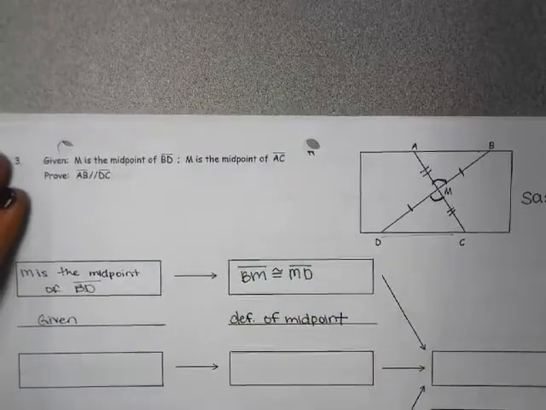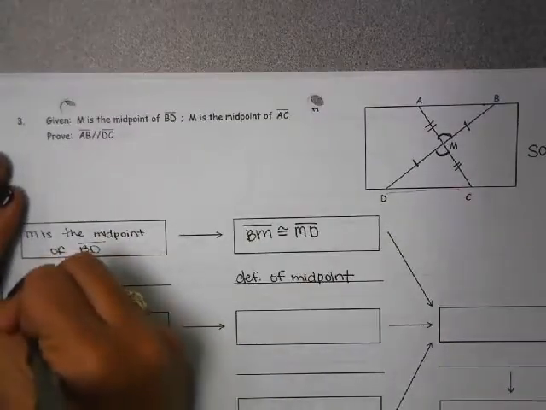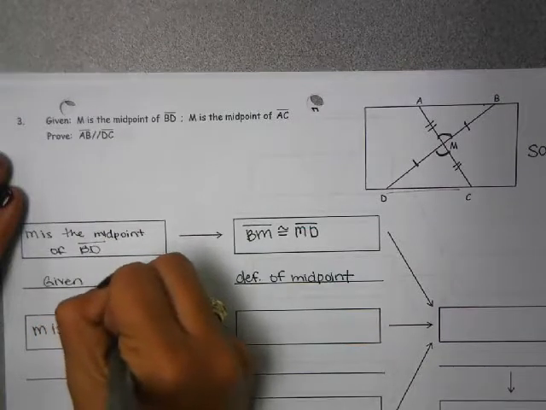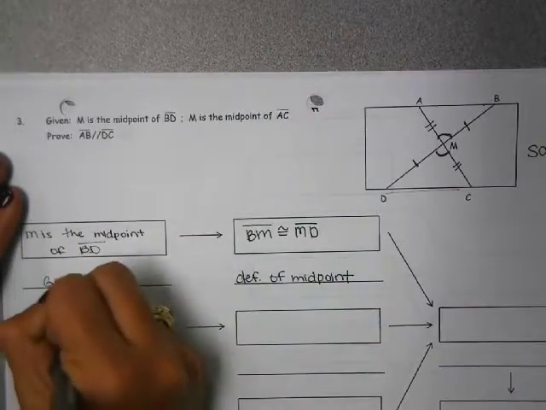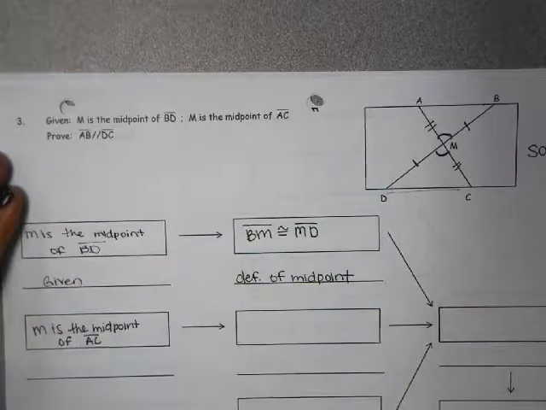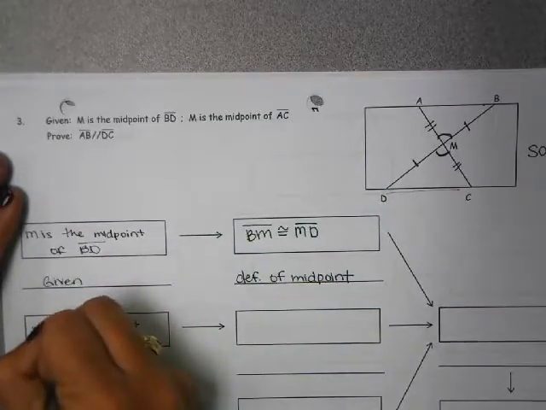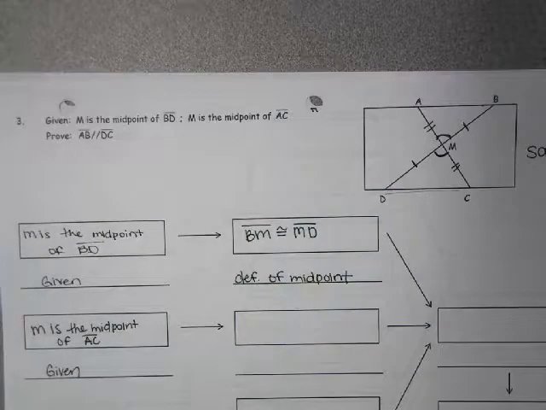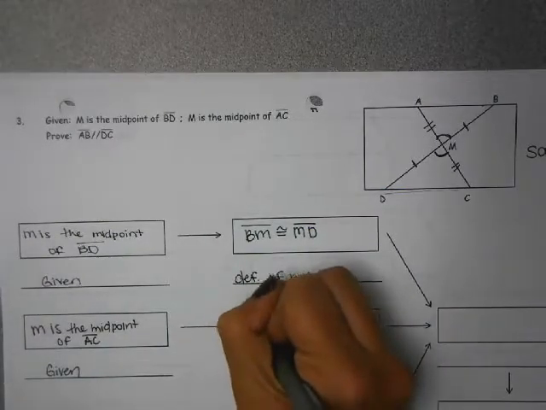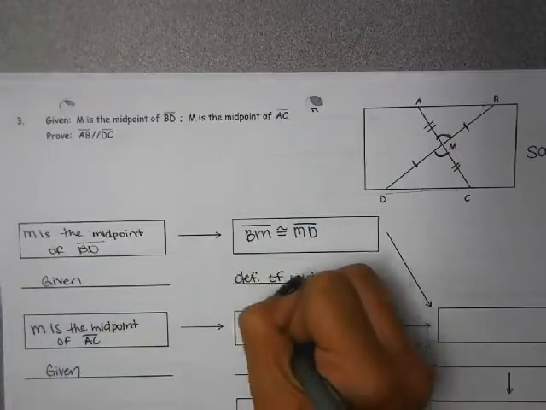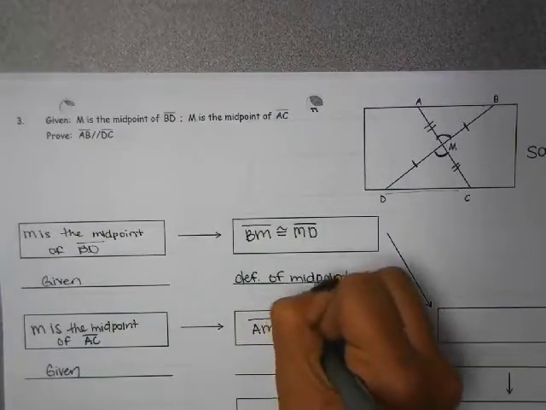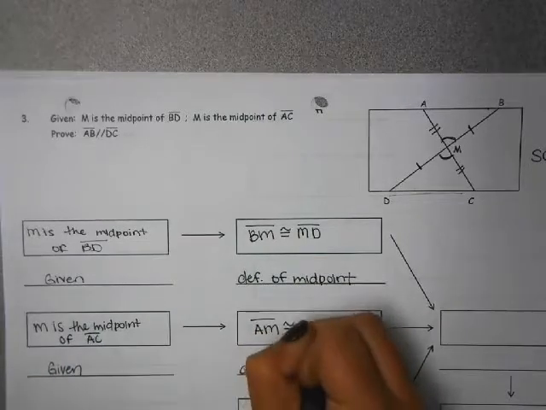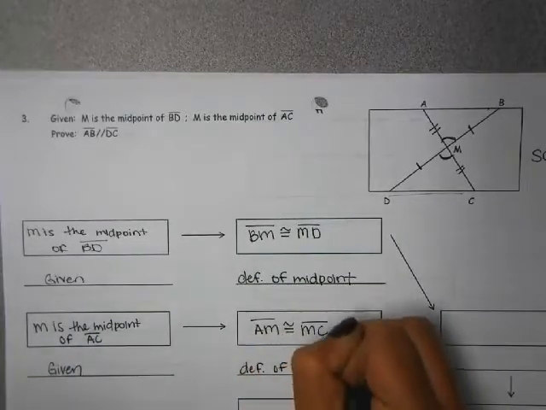Alright, so then we have M is the midpoint of AC, and that is also given. Okay? Alright, so then we have AM is congruent to MC, and this would be from definition of a midpoint.